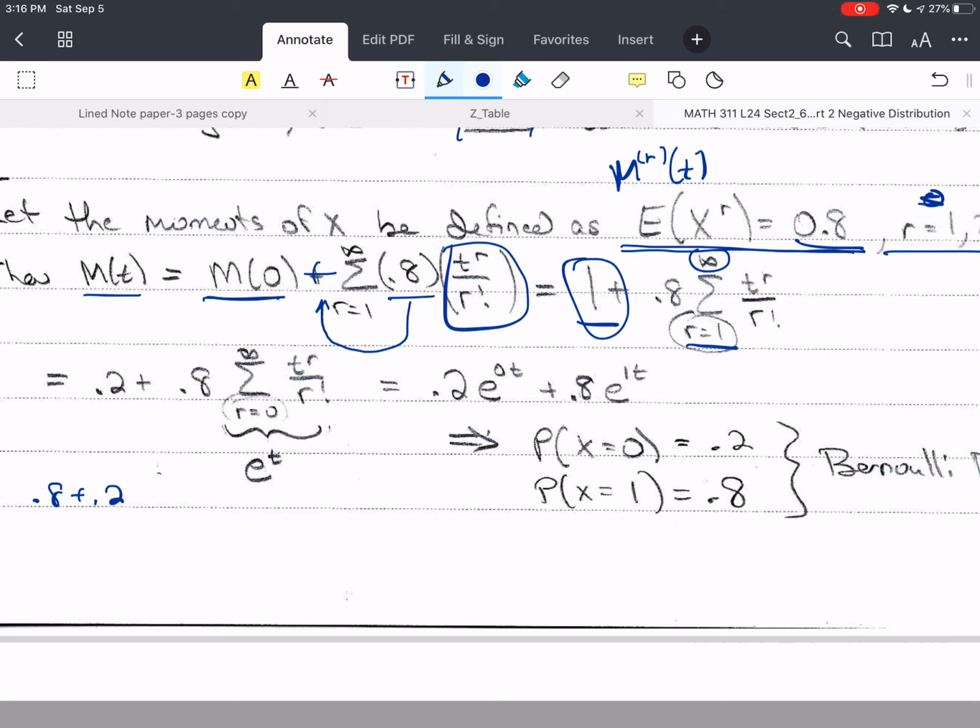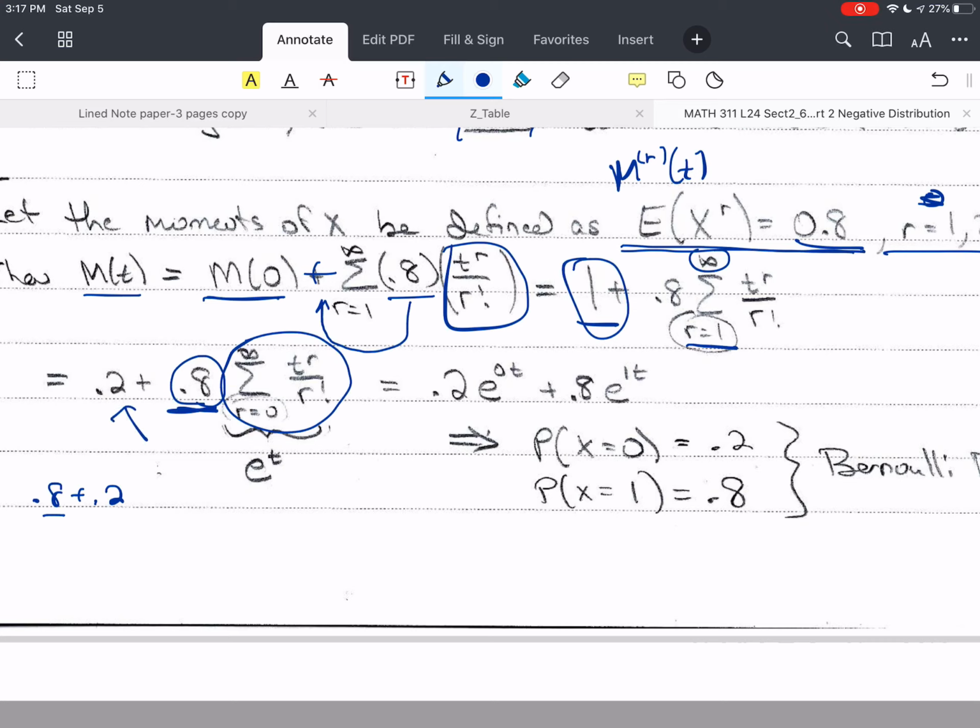Because we already had a 0.8 here, we decided that we needed another 0.8, and so our sum needs to be, when r is 0, it needs to be a 0.8. So this quantity needs to be 1. And when r is 0, we have t to the 0 over 0 factorial. So it is in fact 1. And we have a 0.8. And then the 0.2 stays out here.